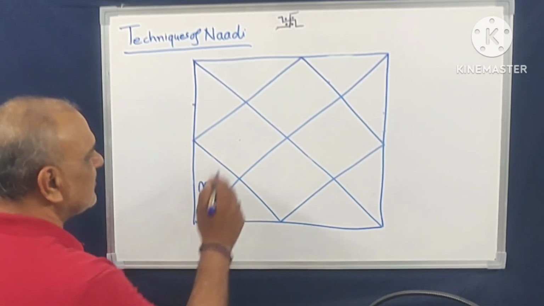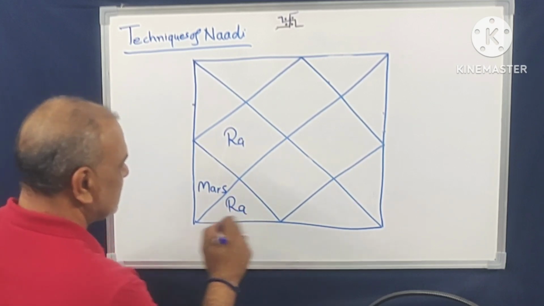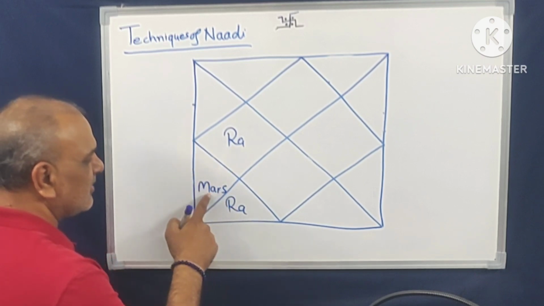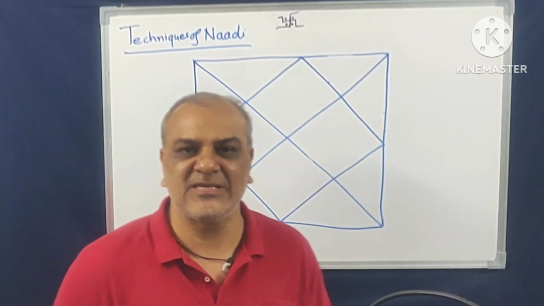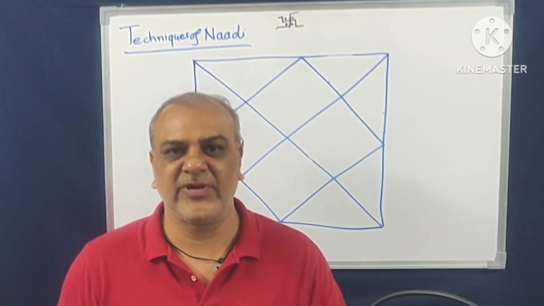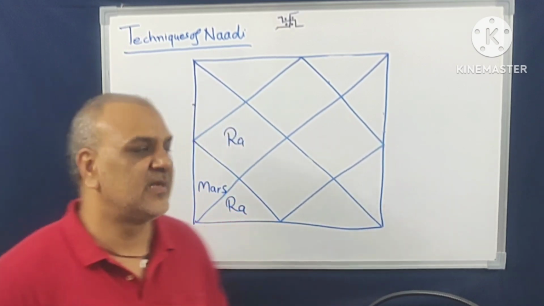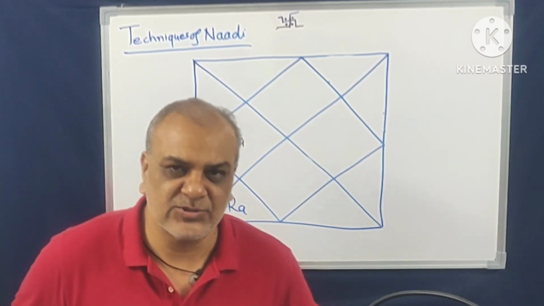Any person who has this combination, either Mars has Rahu behind it or Mars has Rahu in front of it, in both cases you can easily predict that Rahu is the destroyer of something. Rahu is the destroying planet. Mars is the Karaka for land and property in Nadi Jyotish.